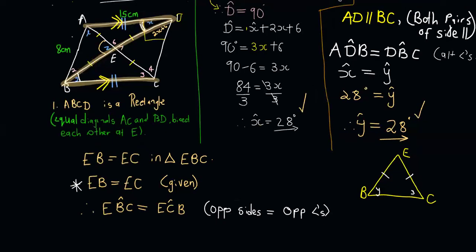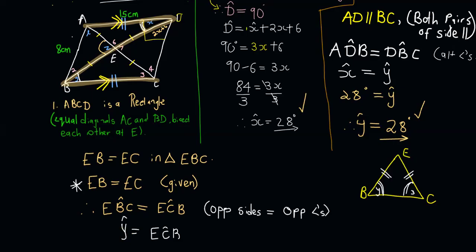So this is size of Y, it's equal to ECB. You can just write ECB there, and then you can also go to the diagram at ECB. You know that that is going to be the size of Y right there.